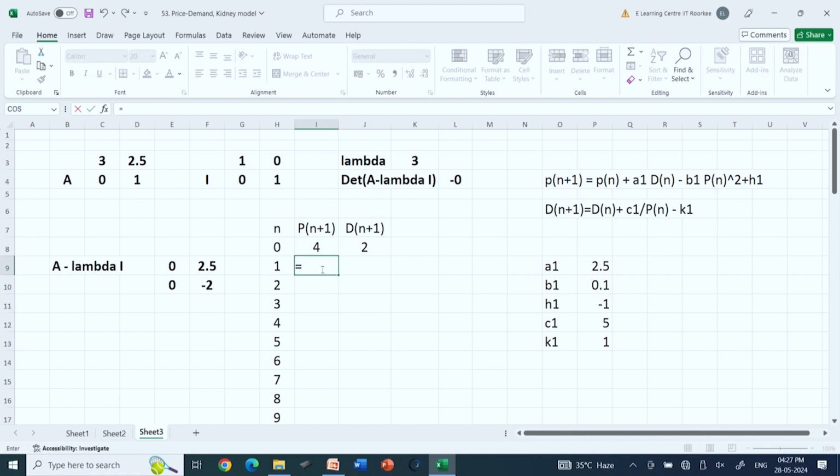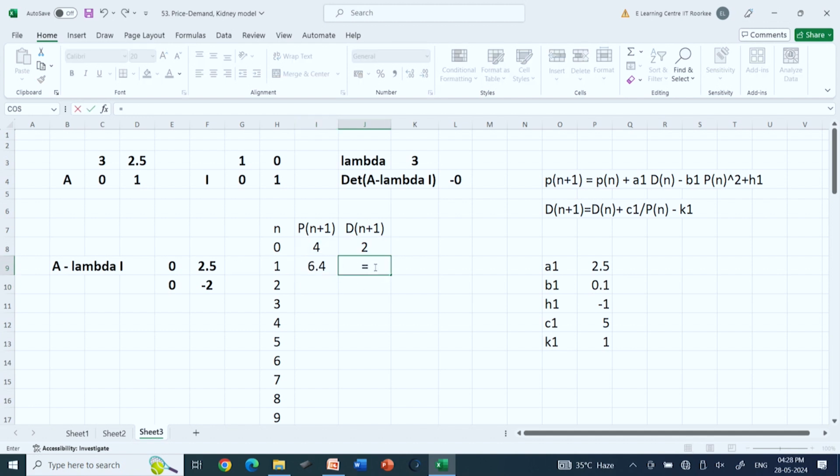So this is equal to P(n), which is this value, plus a1, which is 2.5, times d(n), which is this value, minus b1, which is 0.1, times P(n) squared, plus h1, which is -1.